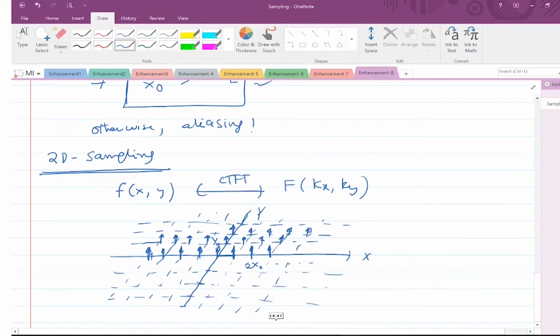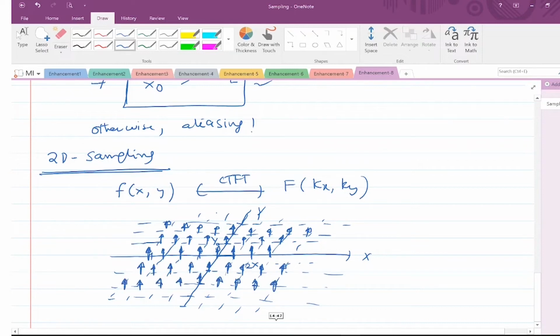And of course you have to do similar stuff for negative values of x and y. X anyway we are already doing there. For negative values of y as well, we have to take these samples. So this should look something like this.